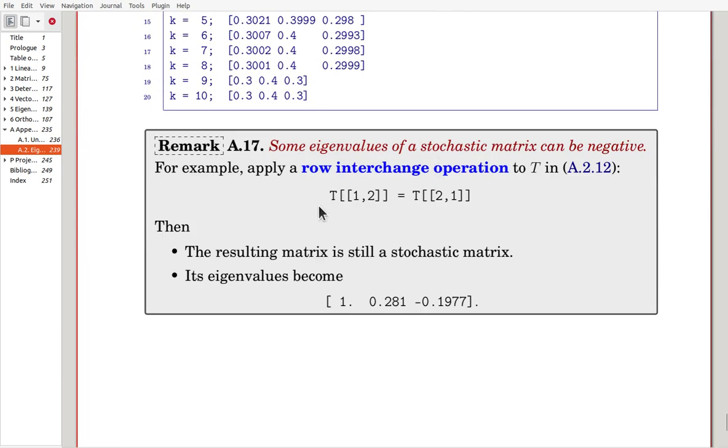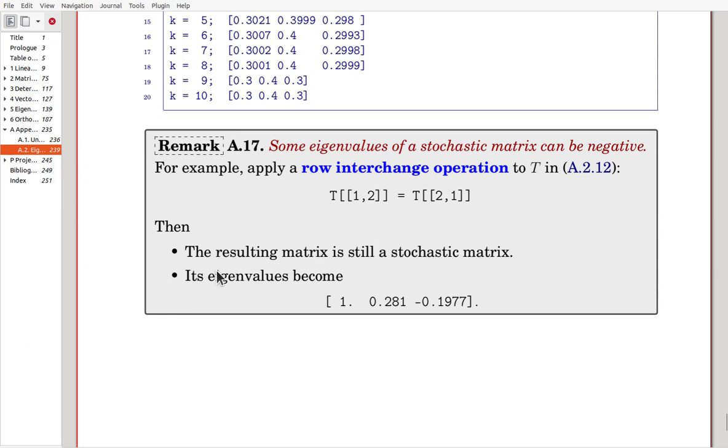Using a Python implementation, you can do it this way. For the matrix T, we select the first row, row 1, row 2. In Python, the index starts from 0, so there is a second row, third row, and this is now the interchanged row, so that this line will interchange the last 2 rows.